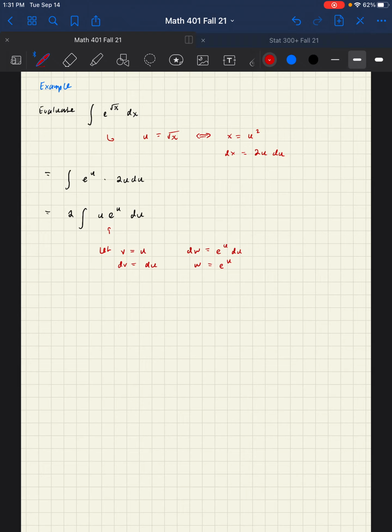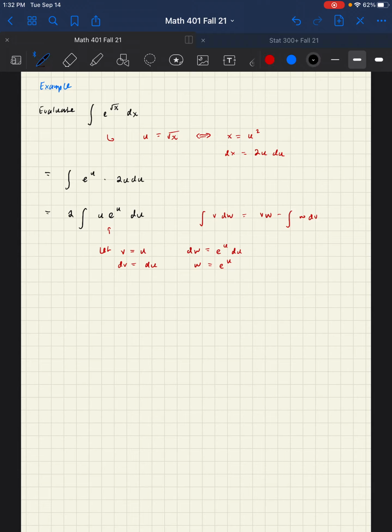dw is e to the u du, which means w is e to the u, okay? And in this situation, we have the integral of v dw. We're going to replace that with vw minus the integral of w dv.